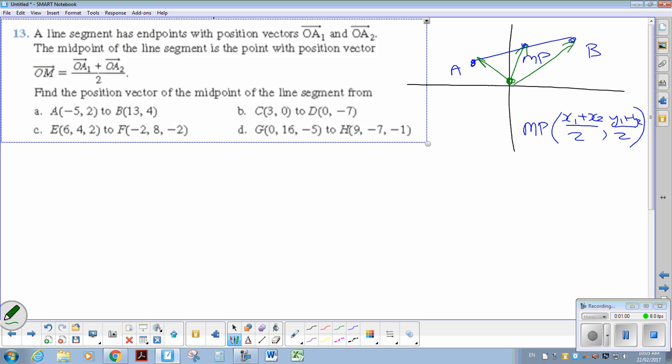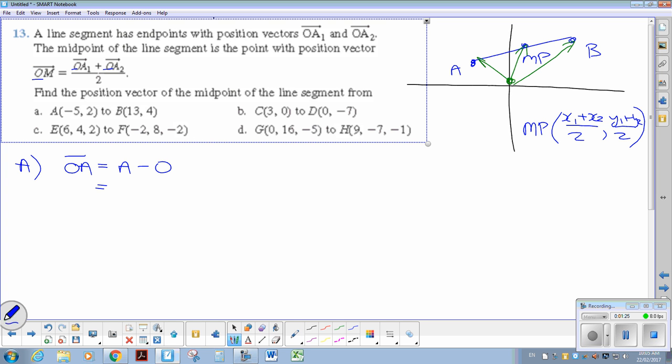Same process, and the formula right here is given. We see OM, OA, OB, so it's our two points, and we need to find those particular vectors. For question A, I'm looking for the vector OA, and that is point A minus point O. If you're wondering what O is, O represents the origin.